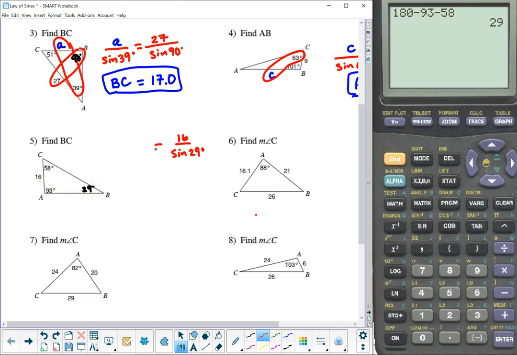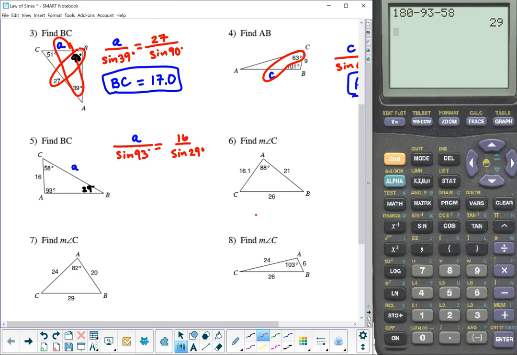And that's going to be set equal to, and then what am I looking for? BC. BC is this side, which is across from, so I'll call that A. Okay, that's A. So we'll call that A over sine of 93 degrees.